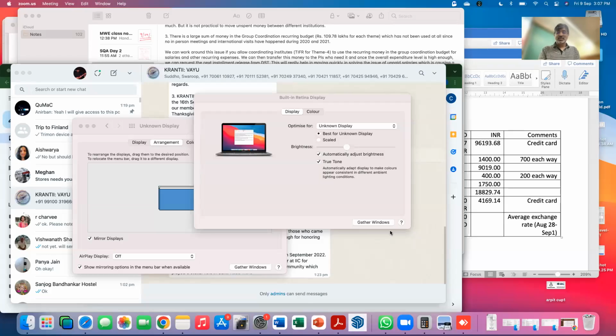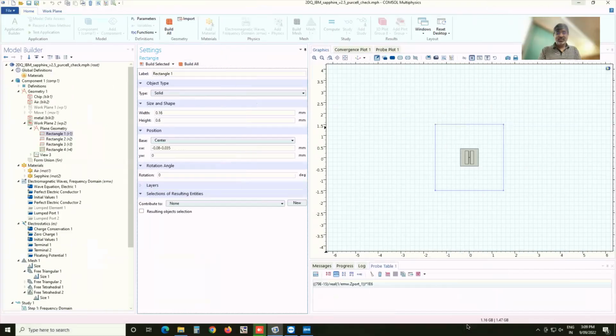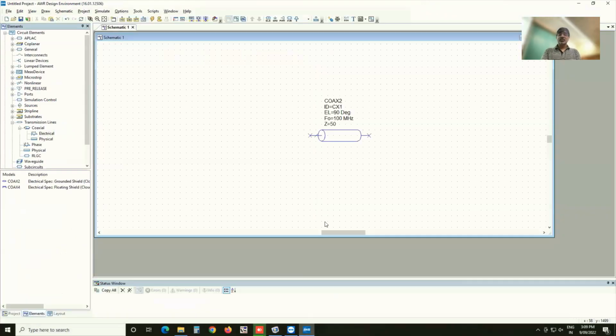I'm on so many different computers right now. All right. Okay. Can you see now? Gaurav? Yep.